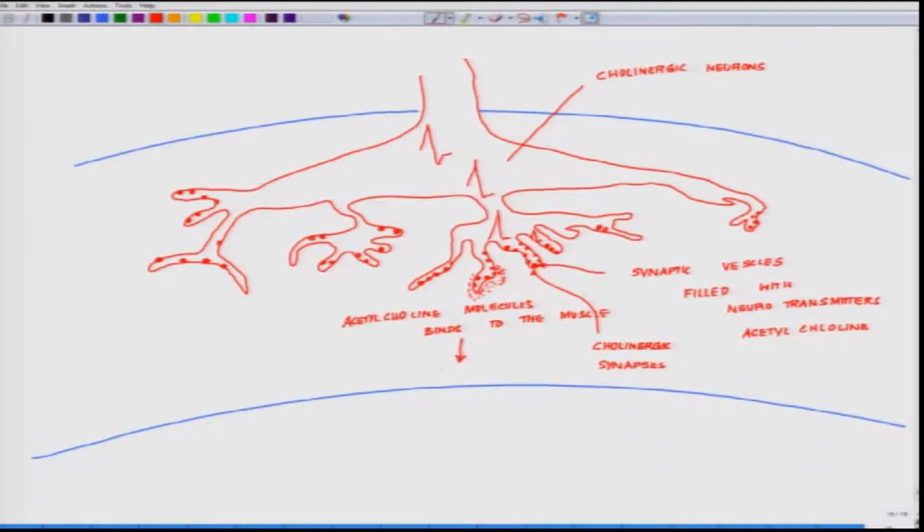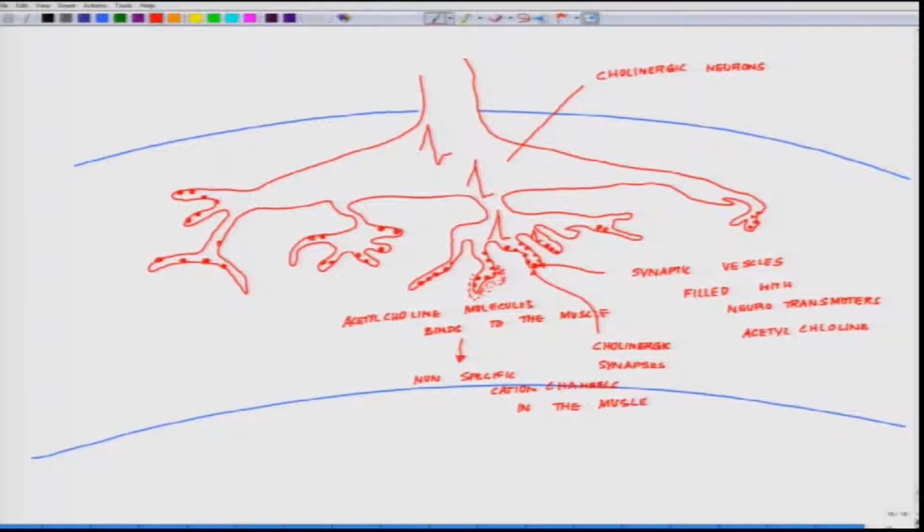That opens up non-specific cation channels in the muscle.